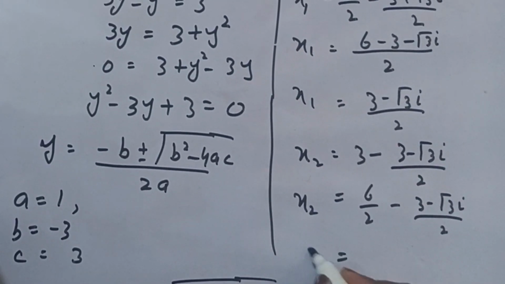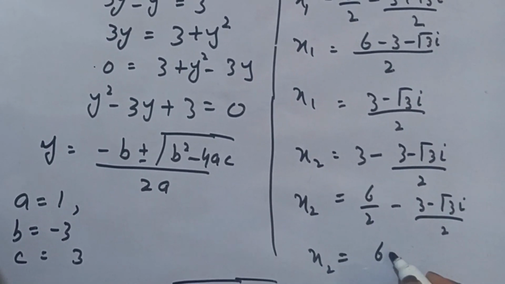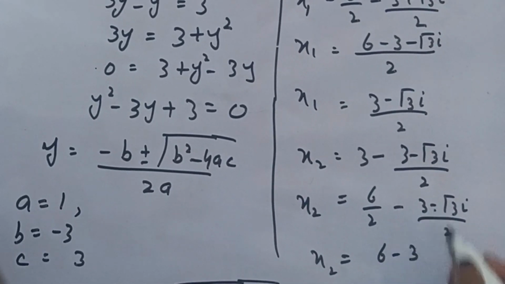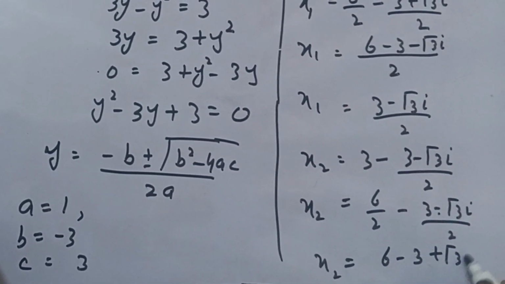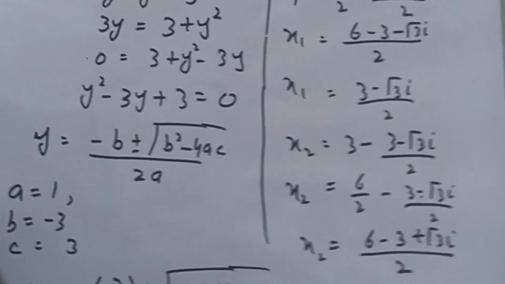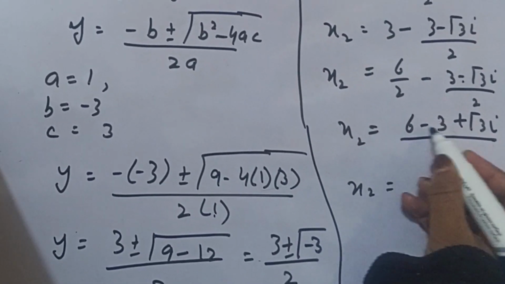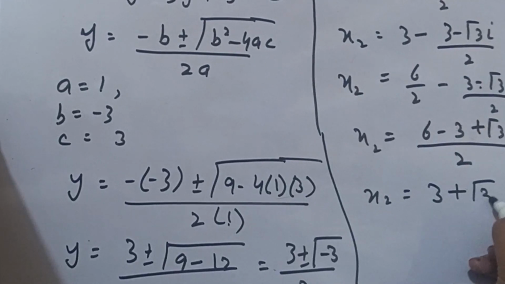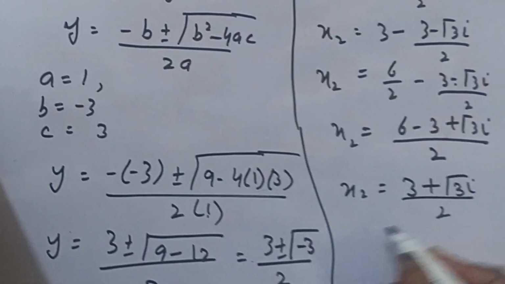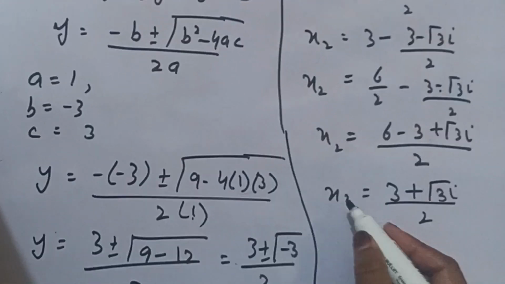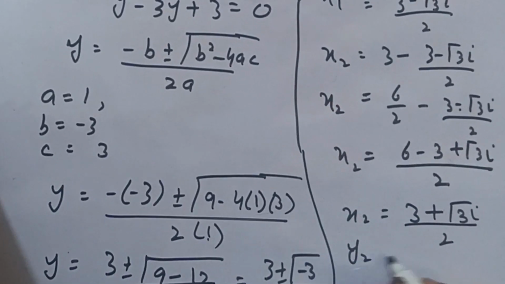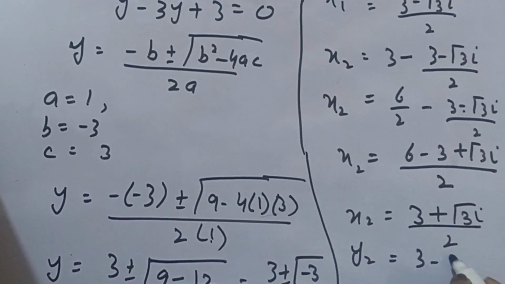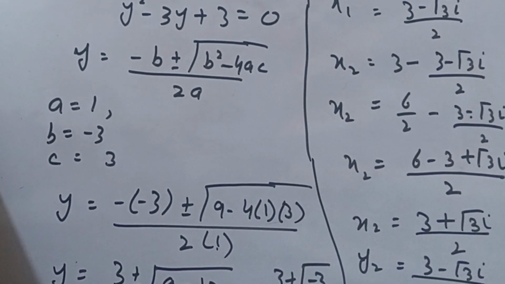In the next step, we write this as 6 minus 3, and this is a plus square root 3 iota over 2. This is equal to 6 minus 3, which is 3 plus square root 3 iota over 2. So this is the value of x2, and in this case y2 is 3 minus square root 3 iota over 2.